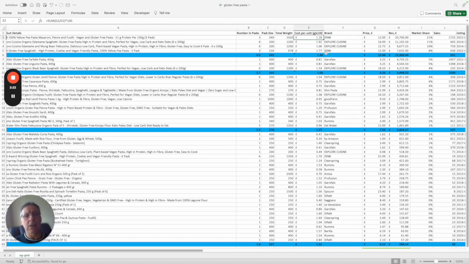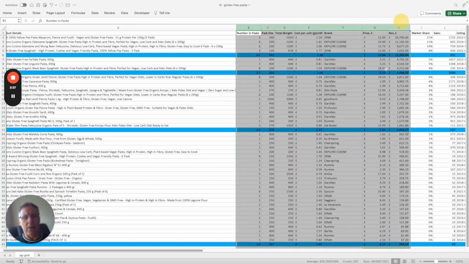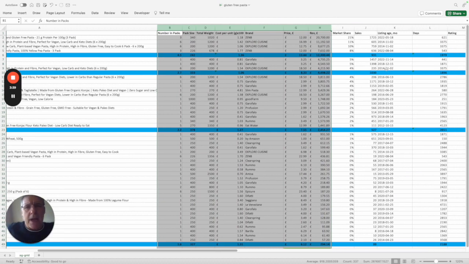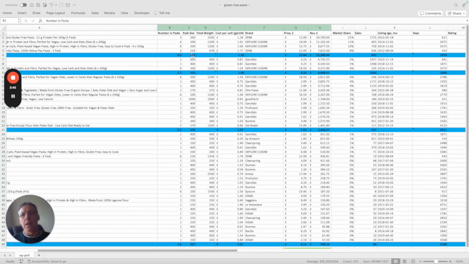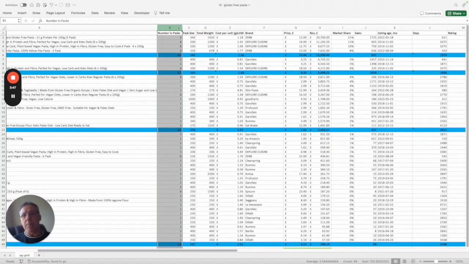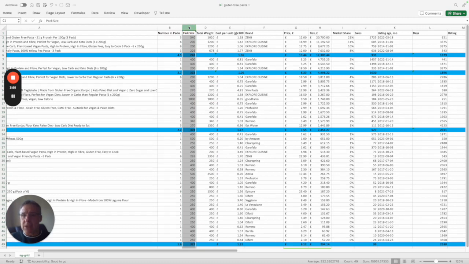So you can see that there are some very distinct differences about the market, which I'm just going to go into now. Firstly, if you want to sell well, you need to be thinking about higher pack counts and smaller sizes per pack, if that makes sense.